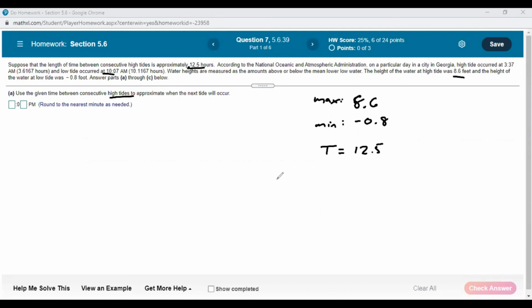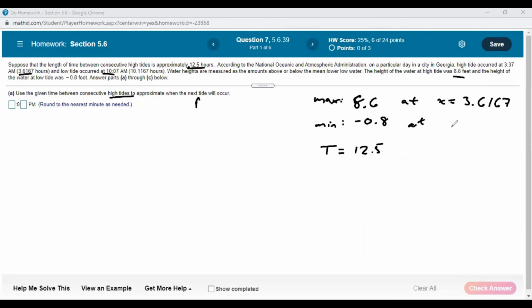And then it says use the time between consecutive high tides to approximate when the next tide will occur. And by that they mean high tide. So let's see, this is the max at x equals 3.6167. So they went ahead and translated it from an hour-minute thing into a decimal for us.